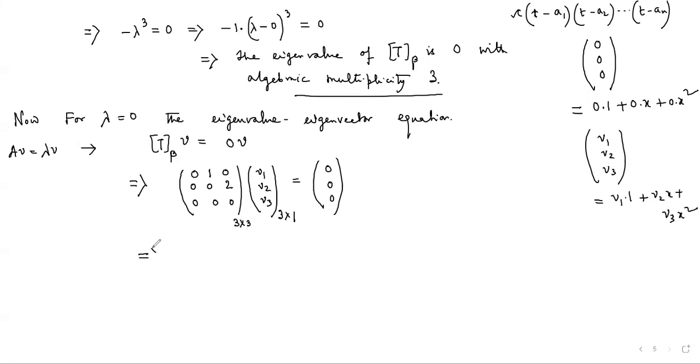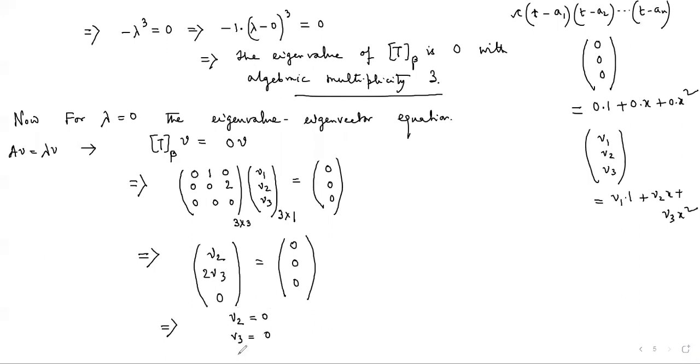And if I solve it, we get v2, 2 v3, 0, which is equal to 0 0 0. And this implies v2 equal to 0, v3 equal to 0, and 0 equal to 0.